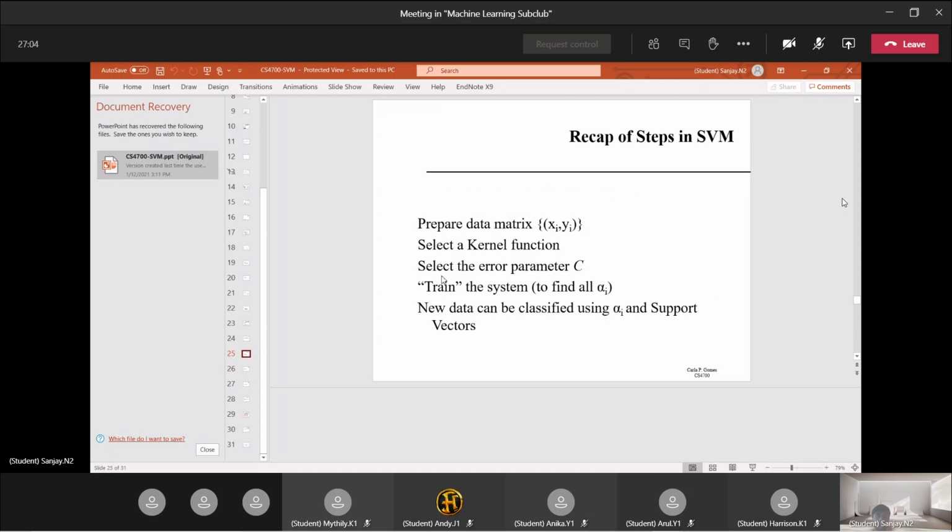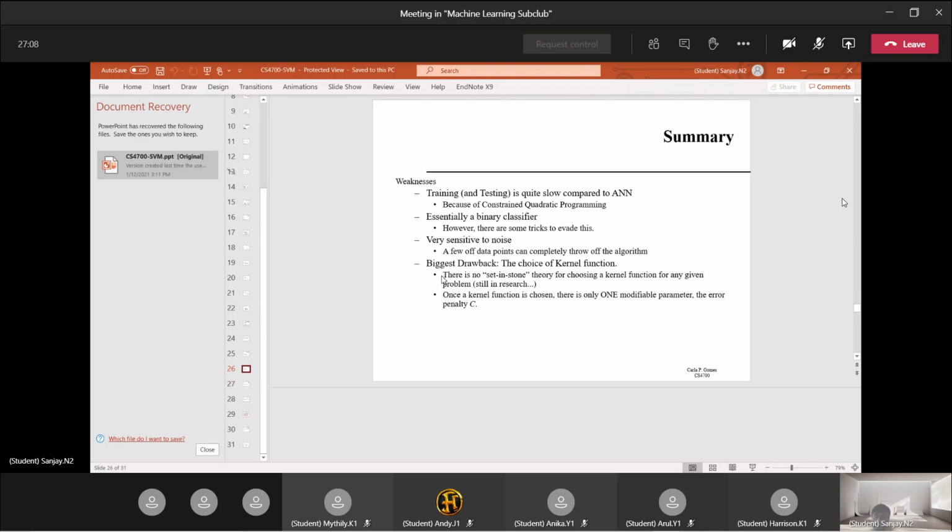So I guess this PowerPoint also goes over some weaknesses and strengths of SVMs. Weaknesses: the training and testing are slower compared to a neural network, which is deep learning. The advantage, though, is that the performance of SVMs can sometimes be better than that of deep learning, especially when you're working with smaller amounts of data.